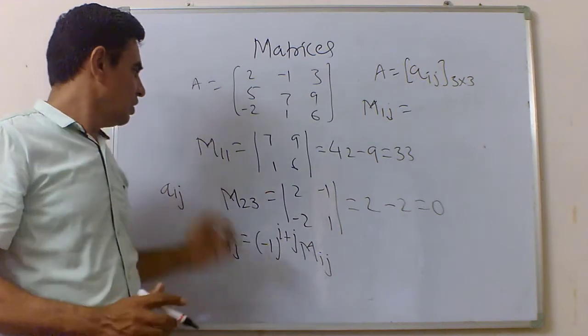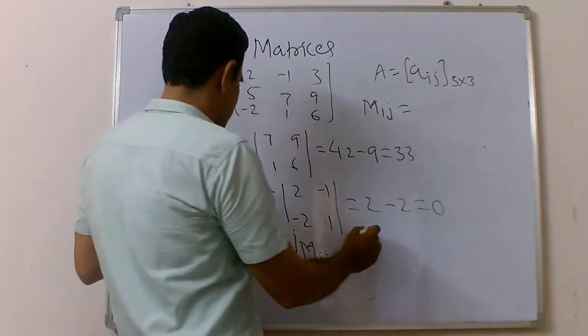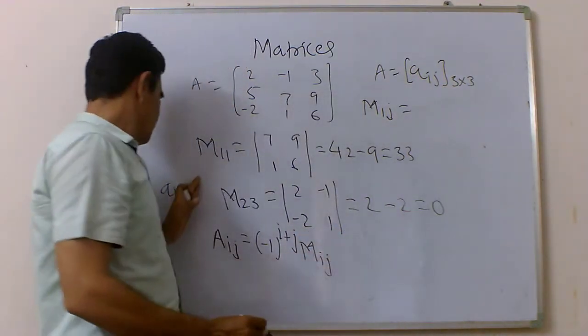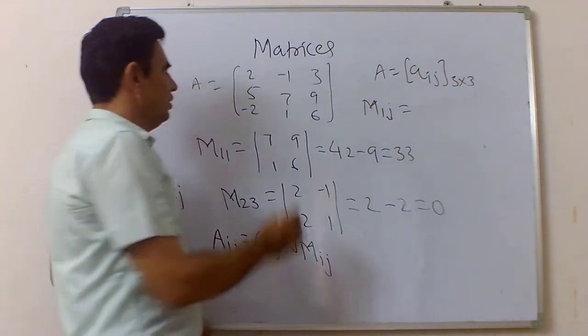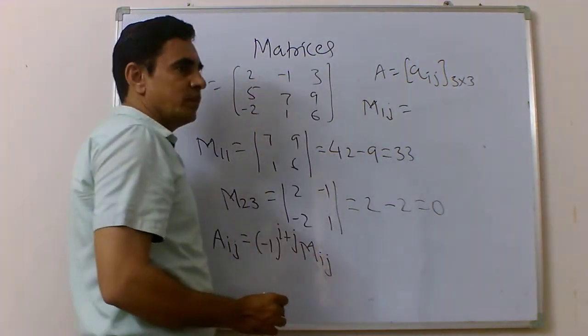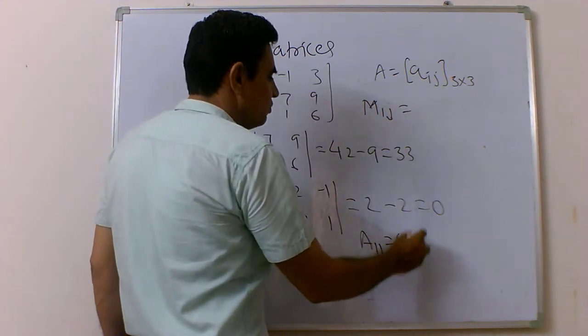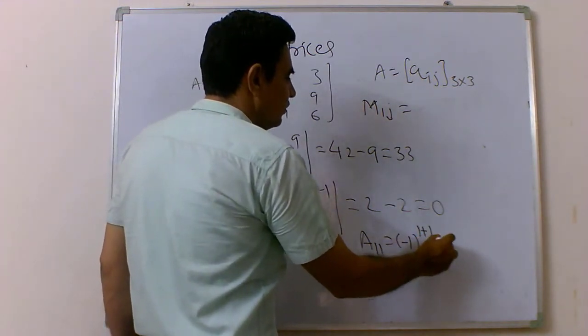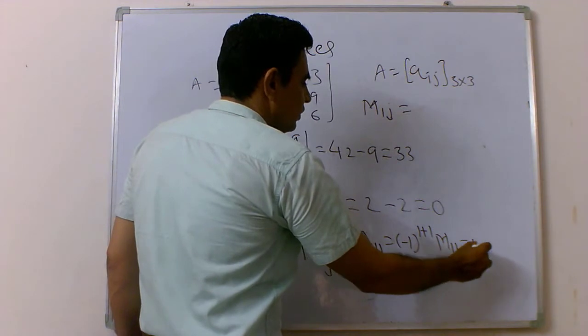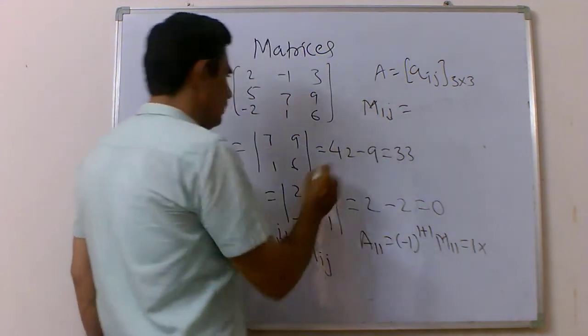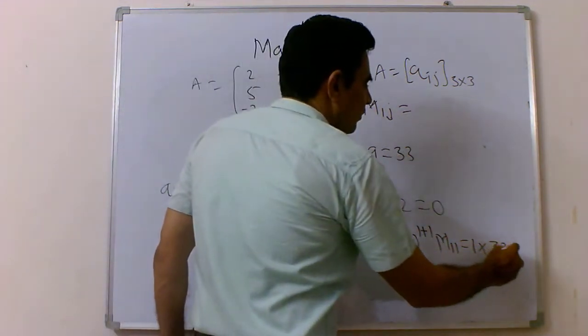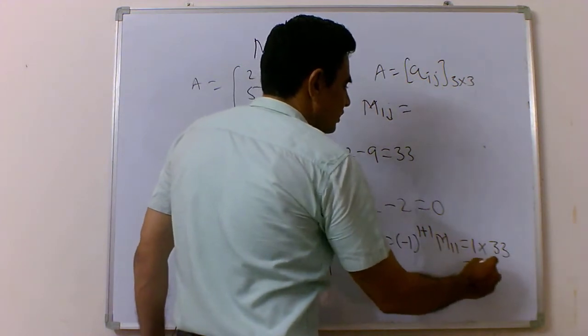So we find here, the cofactor of element 2, that is the element in the first row first column, denoted by A11, is (-1) raised to power 1 plus 1 into M11, that is equal to 1 into M11. We find here 33.